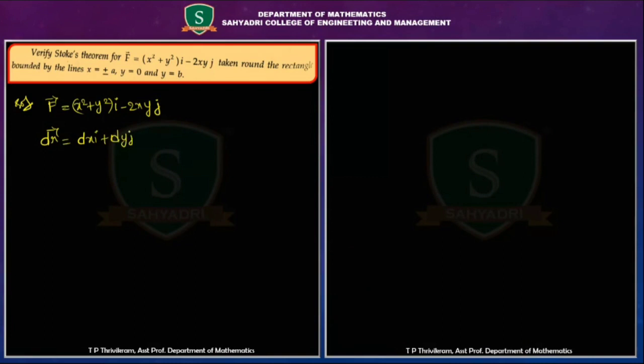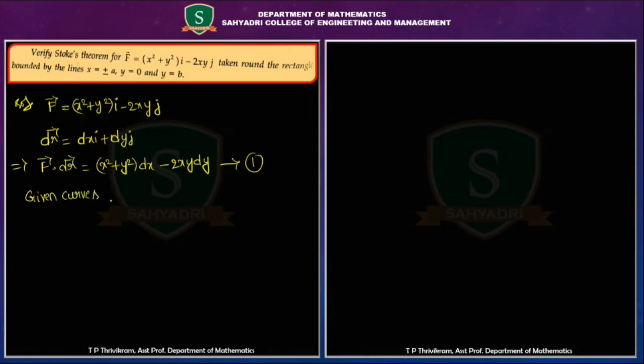Here k is not there, you can write this much only. So f dot dr is equal to x square plus y square into dx, again minus 2xy dy. Take this as equation 1. The given curves are x equal to plus a, x equal to minus a, y equal to 0 and y equal to b.